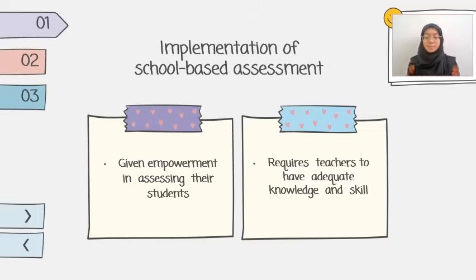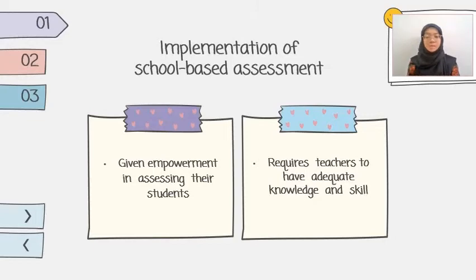The newly implemented assessment approach aims to promote a combination of centralized and school-based assessment to replace the previous fully centralized assessment. Through school-based assessment, teachers are given empowerment in assessing their students.